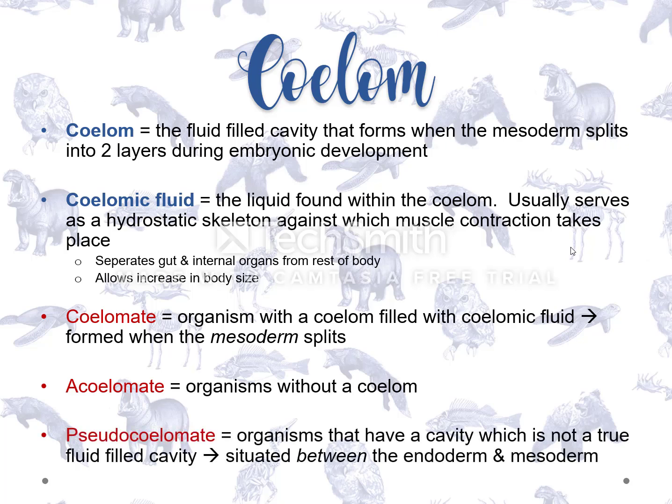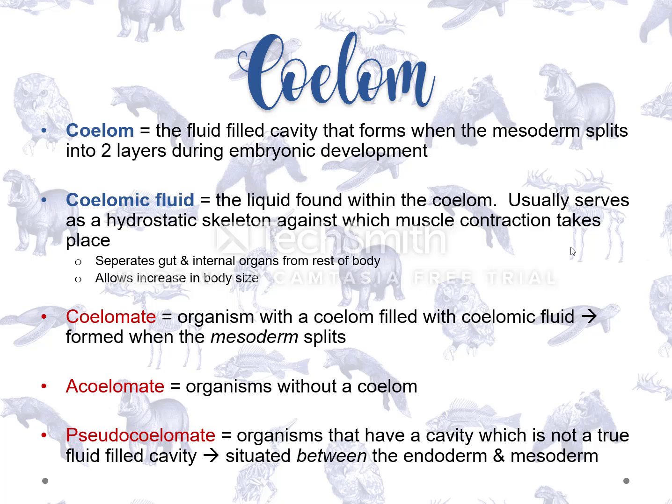The last one then, that's why I said some of them pretend, they're good fakers. They have something that appears to be a coelom, but it is found between the endoderm and the mesoderm instead of splitting the mesoderm. That's why it's very important to note that a true coelom splits the mesoderm.